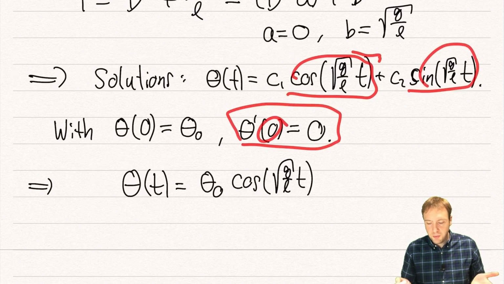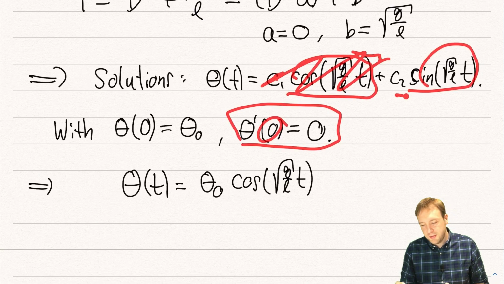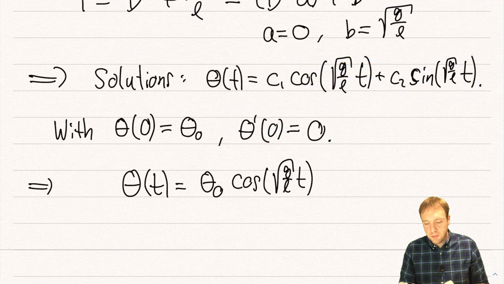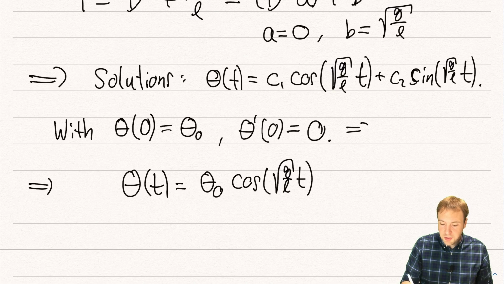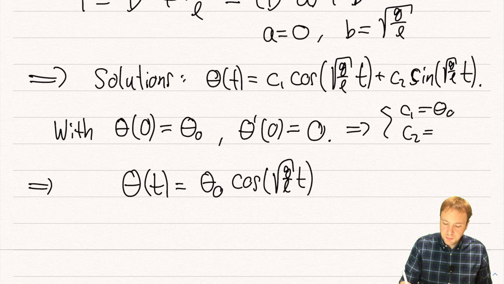If I plug in 0, then the sine part vanishes, and here I have cosine, and I want this to be 0, and therefore this C2 needs to be 0. So in other words, these two conditions imply that C1 is theta 0 and C2 is 0.